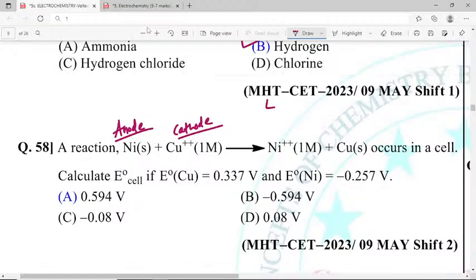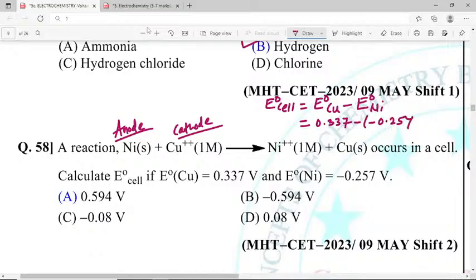E naught cell is equal to E naught cathode minus E naught anode. Cathode is copper, anode as the nickel. What is the copper value here? Copper 0.337 minus nickel minus 0.257, minus become plus, so the answer is 0.594.